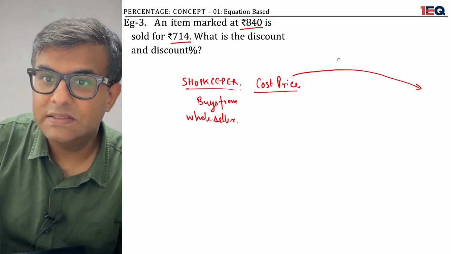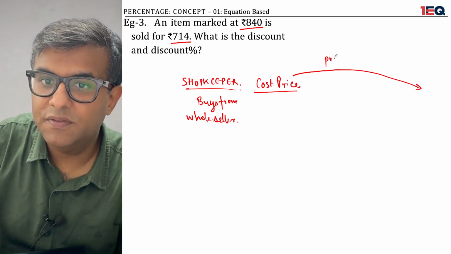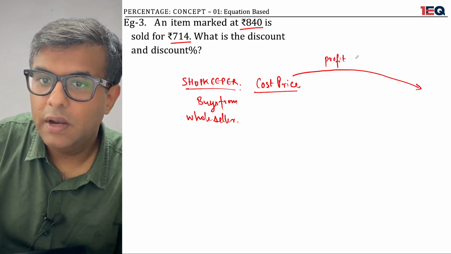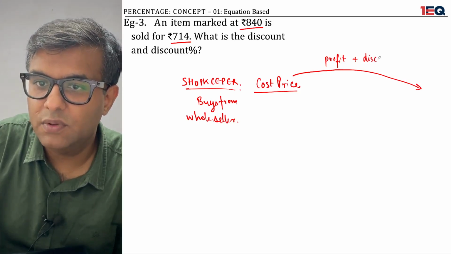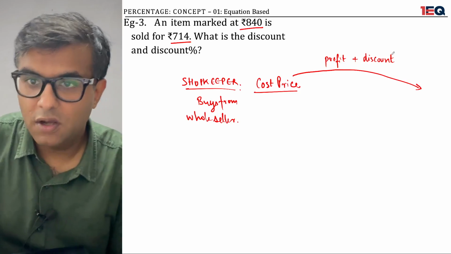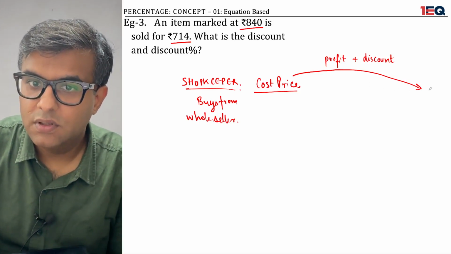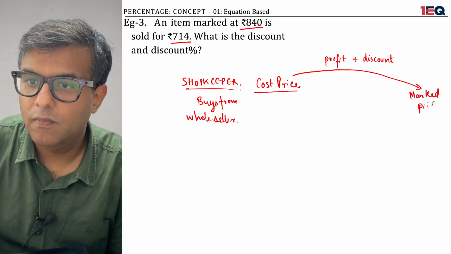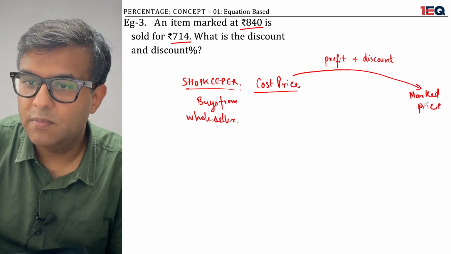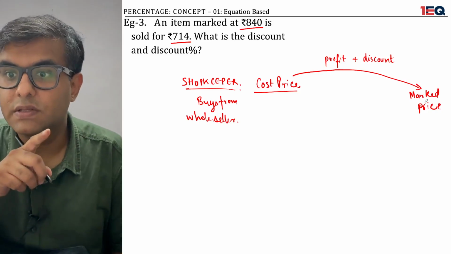In the cost price, he puts in his profit and also adds a few droplets of discount. That makes up the marked price.